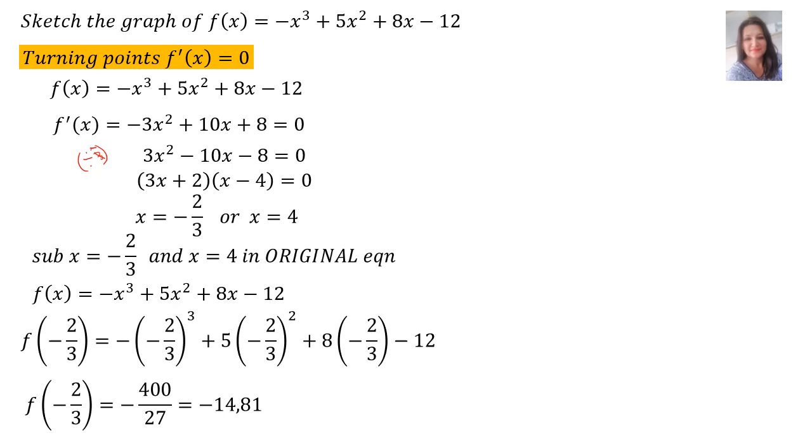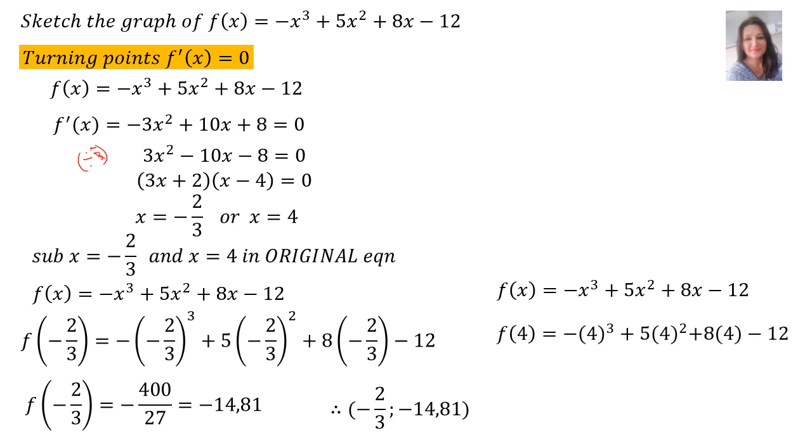Rather write it as -14,81. And then your other x coordinate was at x = 4, and then we will take 4 and substitute into the original equation, and we end with 36. So there's your two turning points.